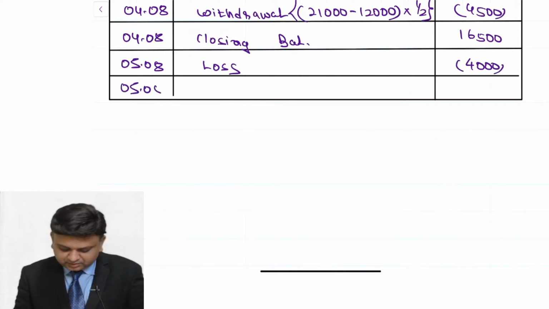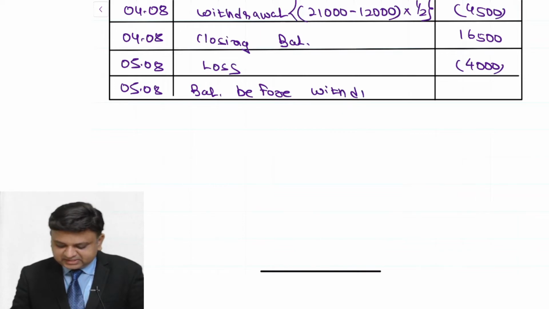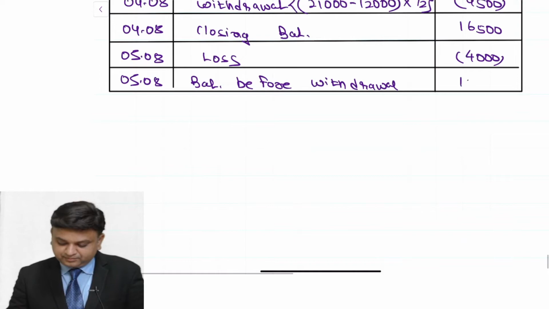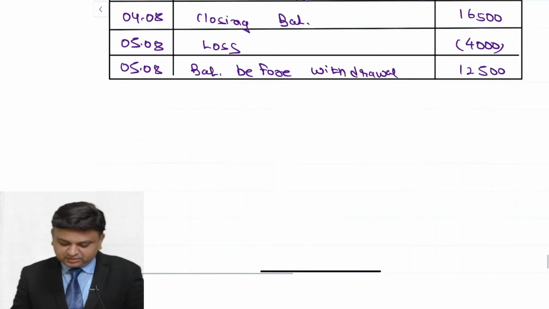So on 5th, balance before withdrawal, because we can see that the balance is still more than 12,000. So even on 5th, he will withdraw.